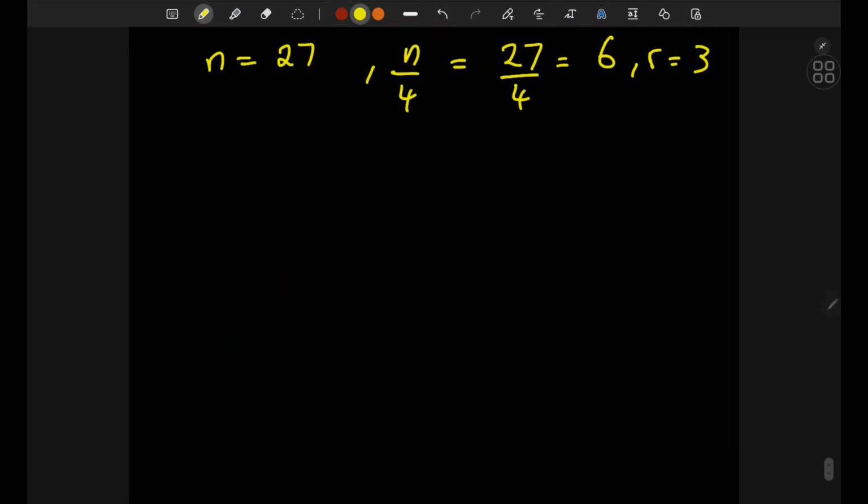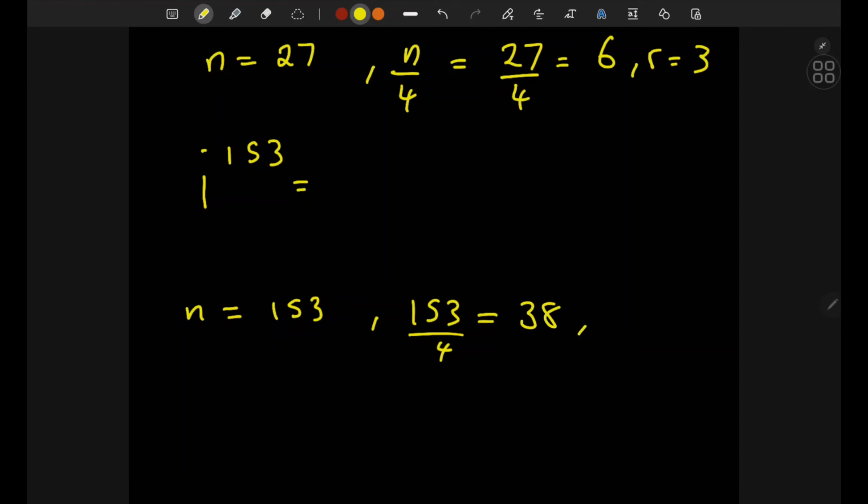Let's solve something with a bigger exponent. Let's say we have i raised to 153. So our n here is 153. So let's divide 153 by 4. If we divide this, our answer here is 38, but the remainder is what?